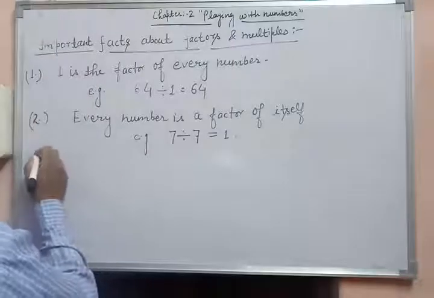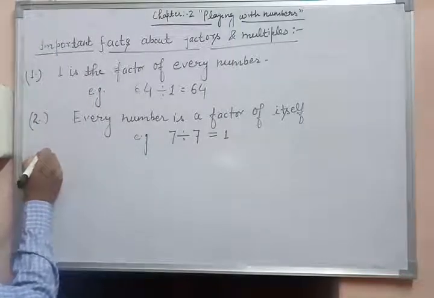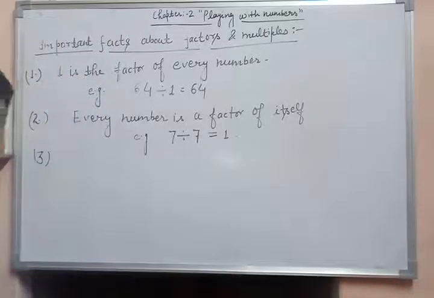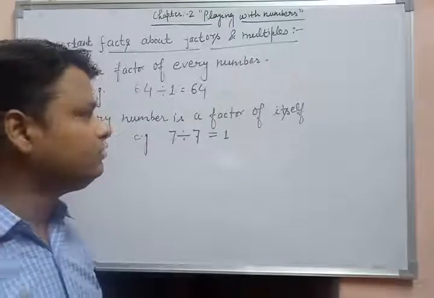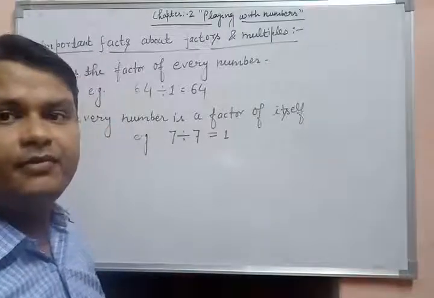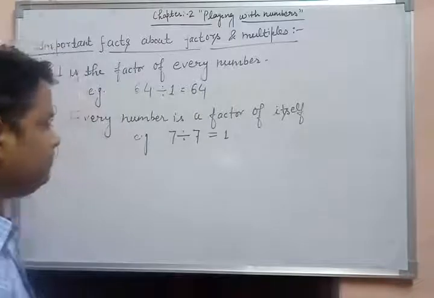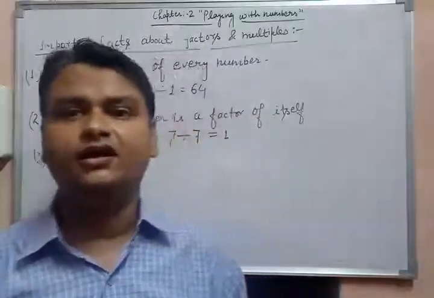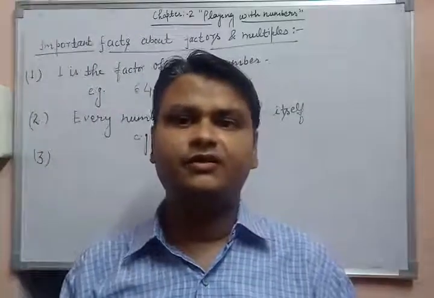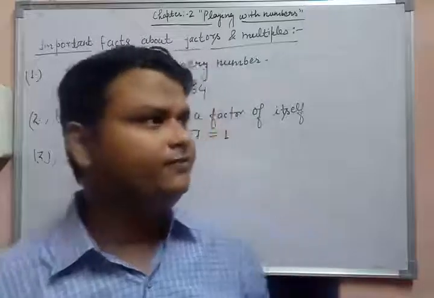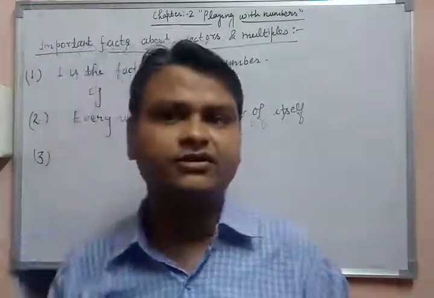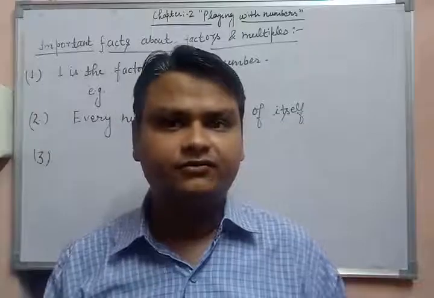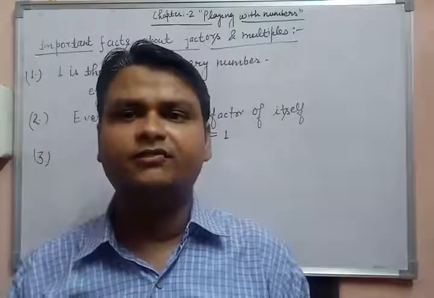Now moving to our next fact. Every factor is a number which is greater than or equal to the given number. It means that for example 4 is the number, and if we collect all the possible factors, what is the possible factor of 4?